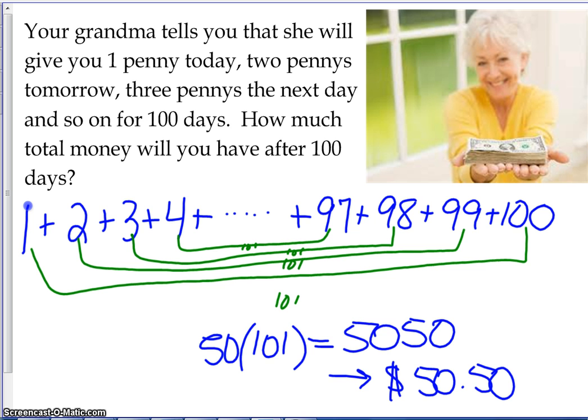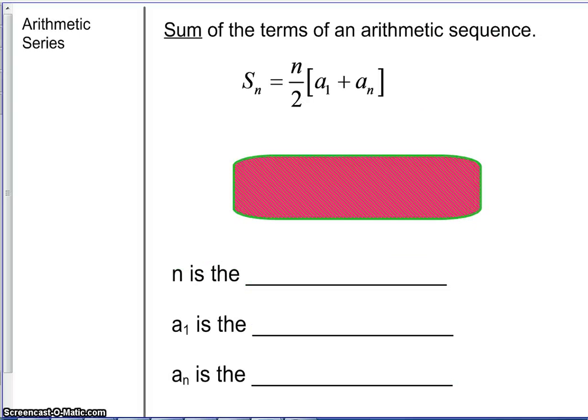By taking the first and the last and adding them together, I found a pattern, and I can find my answer quickly. So I knew that I'm going to have a whole bunch of groups of 101. It turns out that that's how our formula works. The sum of any series is the number of items, in our case it was 100, divided by 2, times the first term plus the last term.